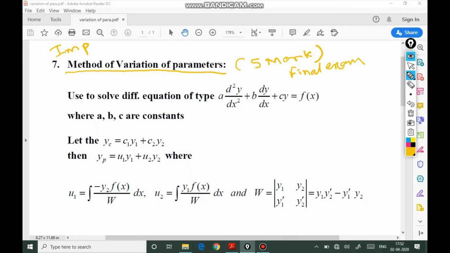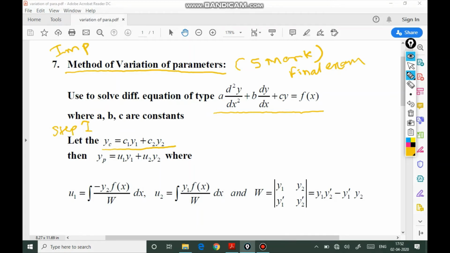Mainly, we are going to solve the second order differential equation with the help of the variation of parameters method. Suppose the differential equation is in the form a d2y/dx2 + b dy/dx + cy = f(x), where a, b, c are arbitrary constants. Step 1 is common: find yc, the complementary function, which is c1y1 + c2y2.